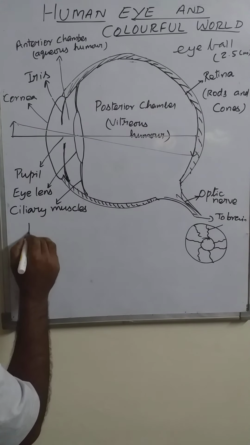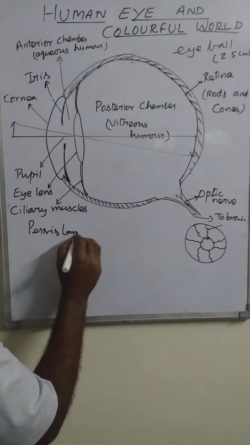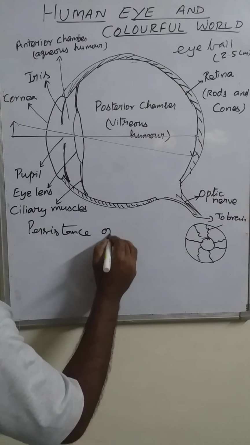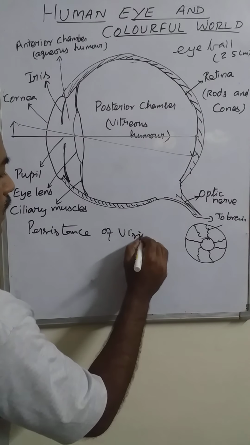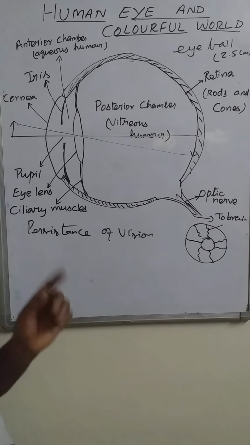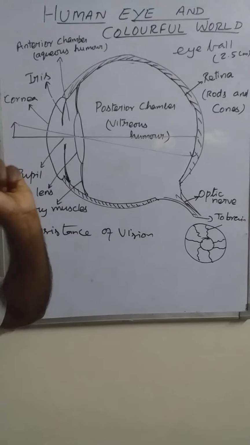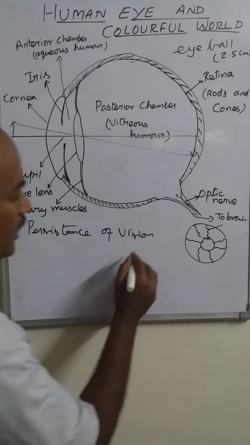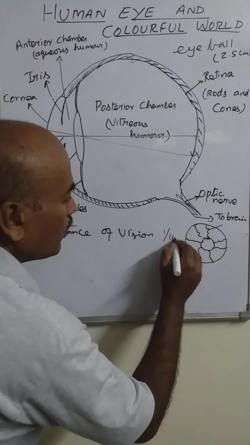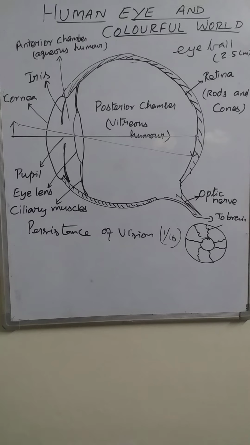That time for which the image exists on the retina is known as persistence of vision. The persistence of vision is 1/16th of a second.